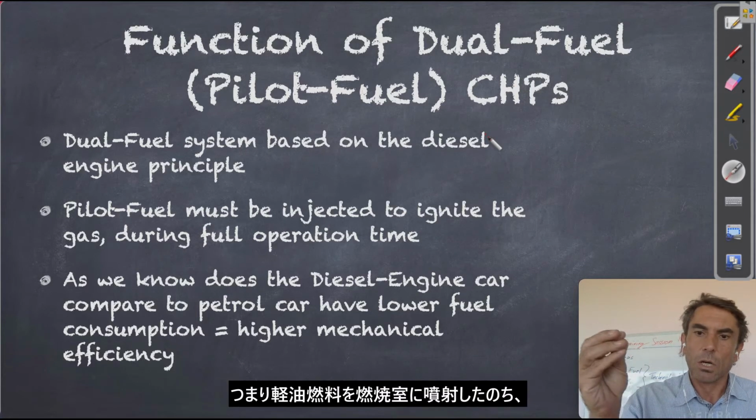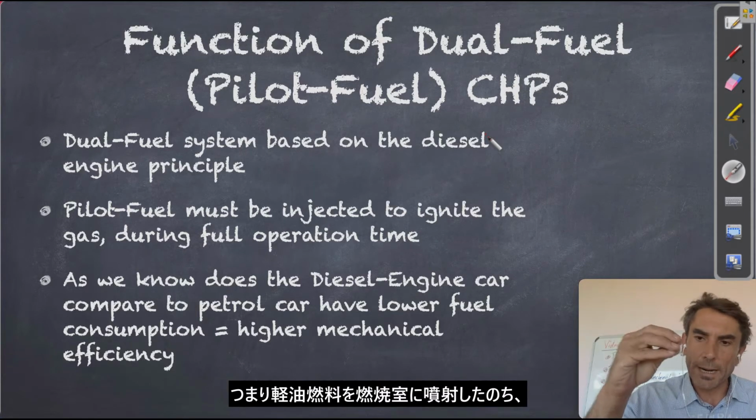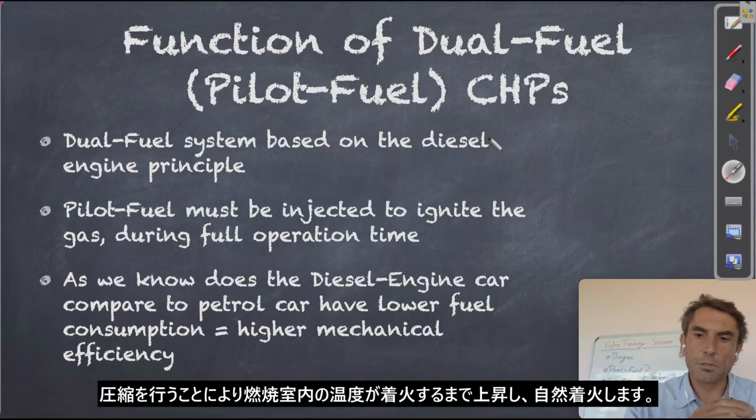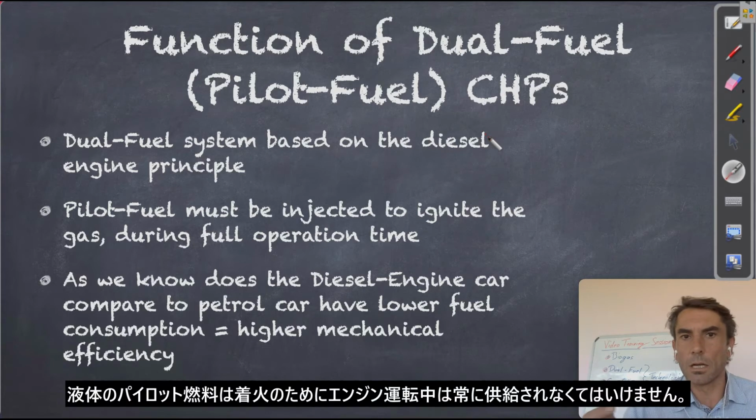That means on a diesel engine we spray diesel through the injectors into the engine, and over the compression ratio and the temperature, it starts to ignite. So on a dual system we add the biogas, and we use the pilot fuel, the diesel, like sparks to ignite the biogas, but we need it during the full operation time.